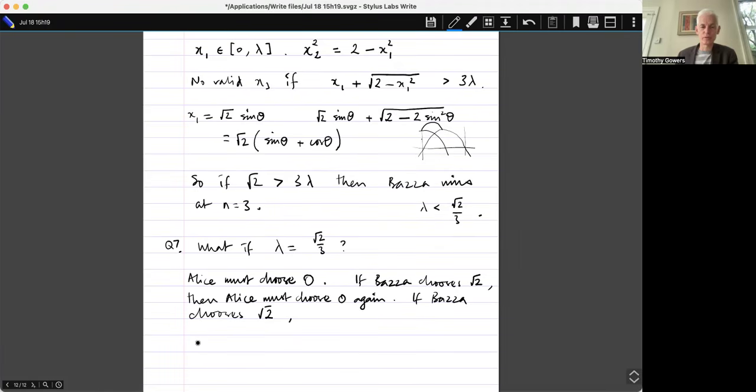The sum of the numbers themselves is 2 root 2. So 2 root 2 plus Alice's next choice, x5, has to be less than or equal to 5 root 2 over 3.